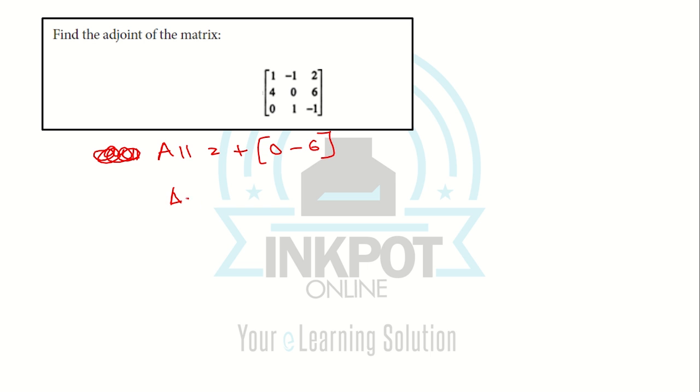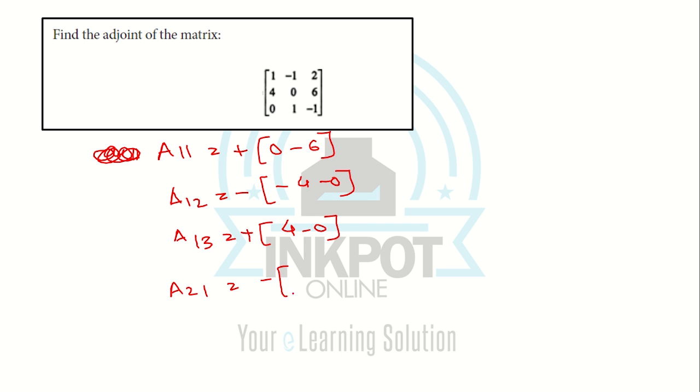And A12, 1 and 2, similarly would be minus of this determinant, which should be minus 4 minus 0. A13 would be 1 and 3, so that would be equivalent to positive of 4 minus 0.